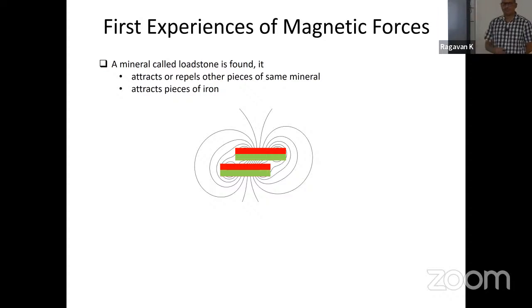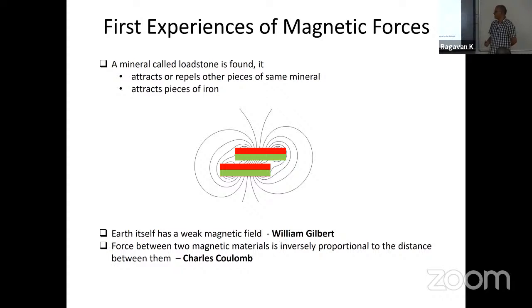The first recording of magnetic field behavior is that they found a mineral called lodestone, and found that it can attract another piece of the same material, or repel it. Similarly, it attracts a piece of iron. That was the first recorded behavior. Then William Gilbert established that Earth itself can be considered as having a weak electromagnetic field.